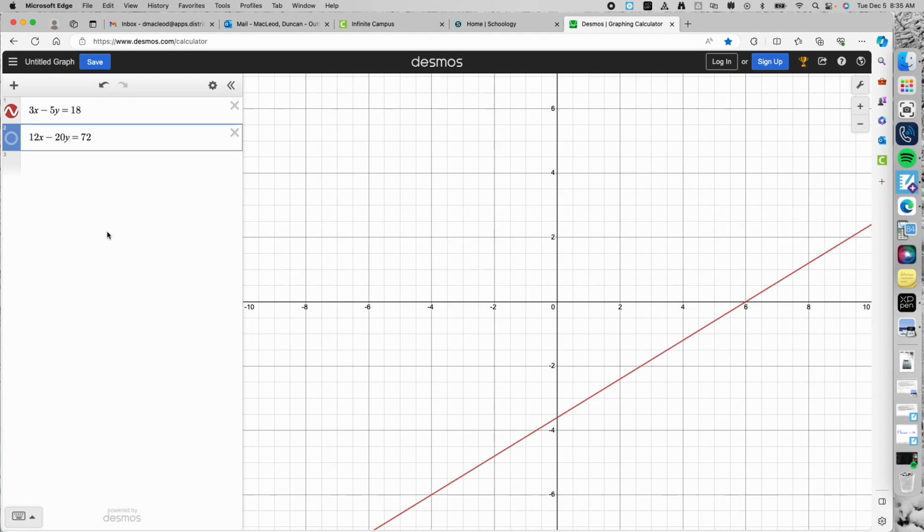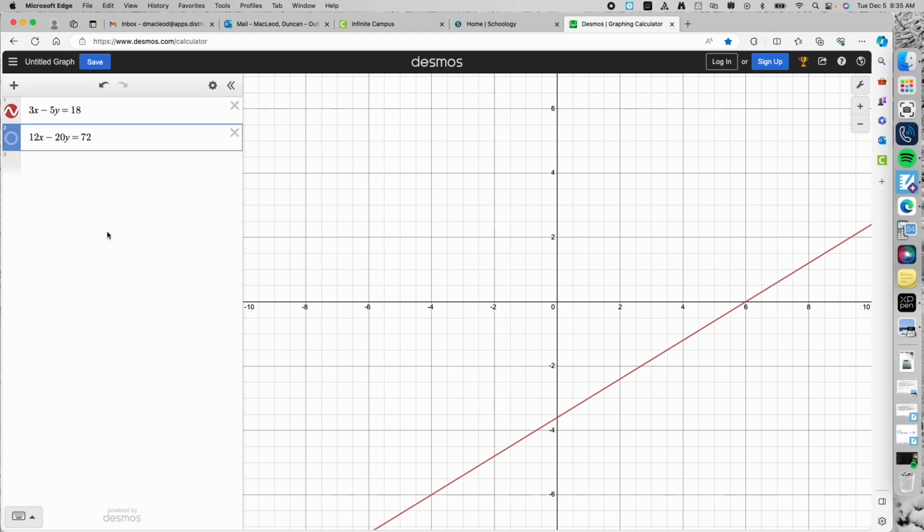So I typed it in already. And it's that red line. The next thing it says is multiply everything by 4. So underneath it, I have everything multiplied by 4, but I don't have it graphed yet.